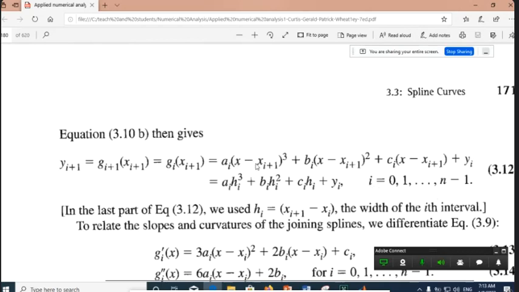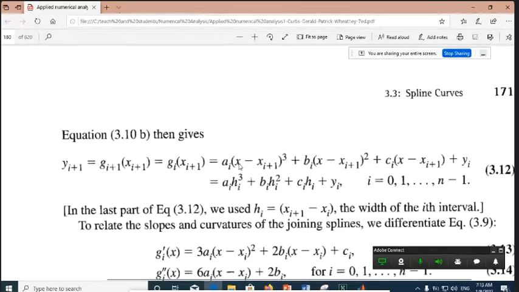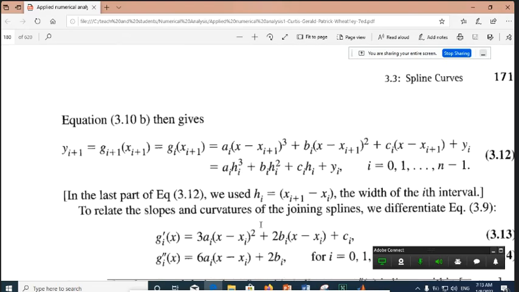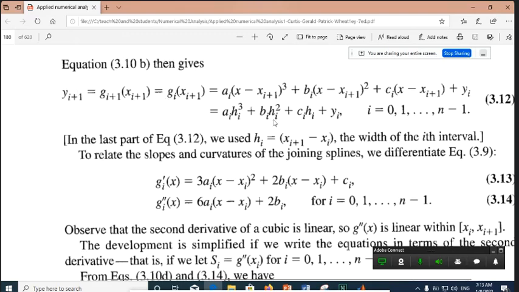We substitute the difference between x_{i+1} and x_i as h_i: a_i h_i cubed plus b_i h_i squared plus c_i h_i plus y_i. This says y_{i+1} equals this equation.